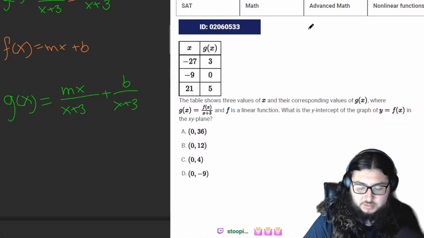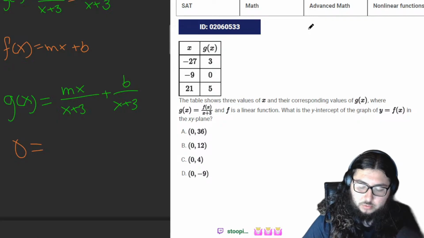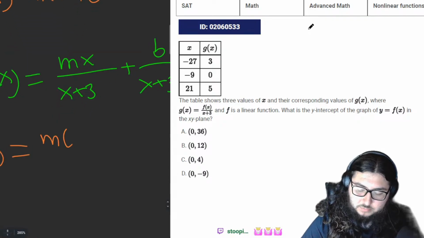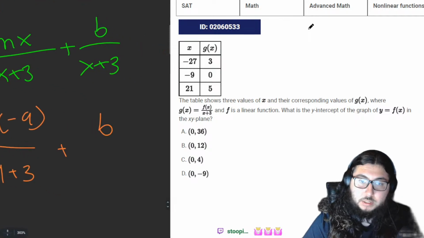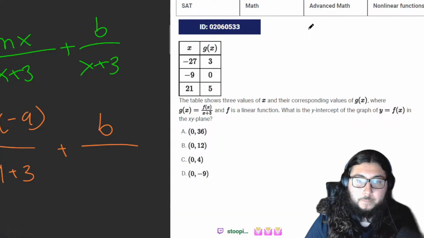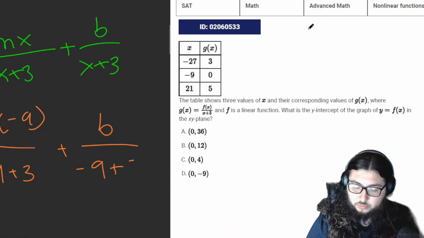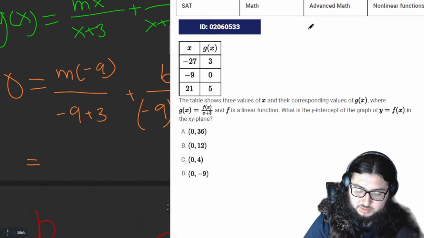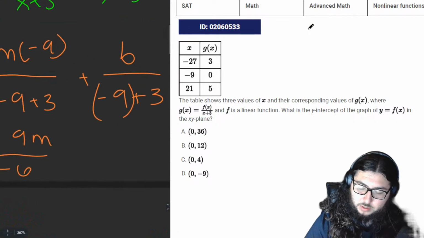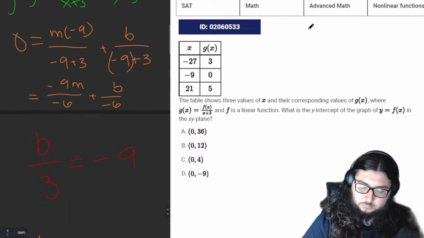So it's that 0 is equal to m times -9 over -9 plus 3 plus b over -9 plus 3. There we go. So this is equal to -9m over -6 plus b over -6 is equal to 0.